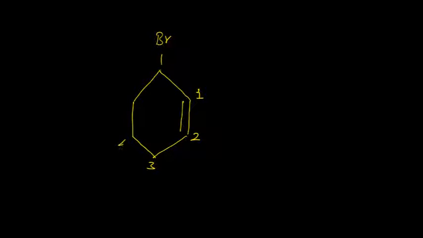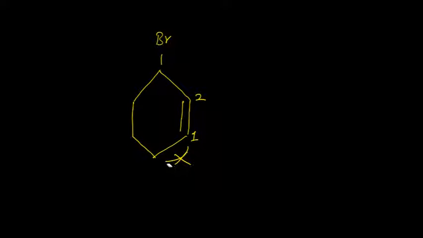And then bromine will be on the sixth carbon. But if we make this carbon as 1, then numbering will move towards the double bond, not away from it.